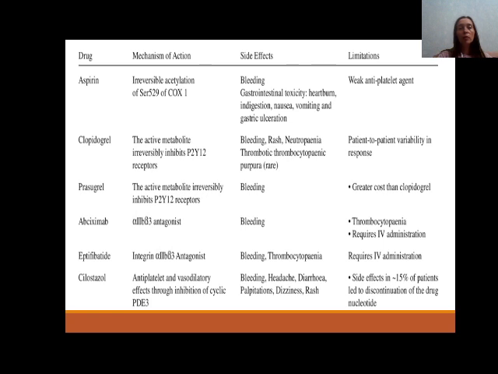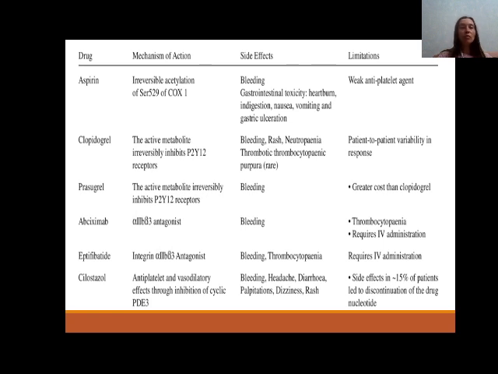On this table you see the general characteristics of the drugs, so mechanism of action and side effects. Here I want to talk about side effects. You see that each drug can lead to bleeding. Aspirin, besides bleeding, can lead to gastrointestinal toxicity, which comes from its mechanism of action of blocking prostaglandin E2: nausea, vomiting, gastric ulceration.